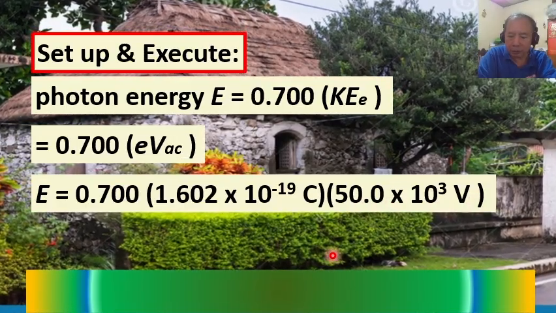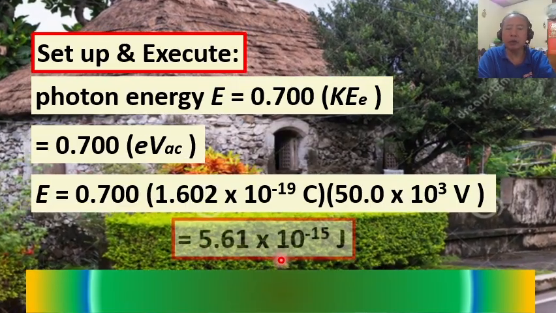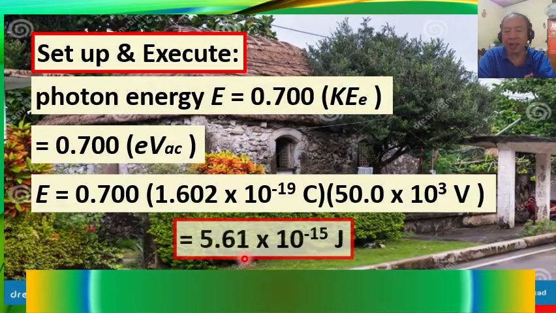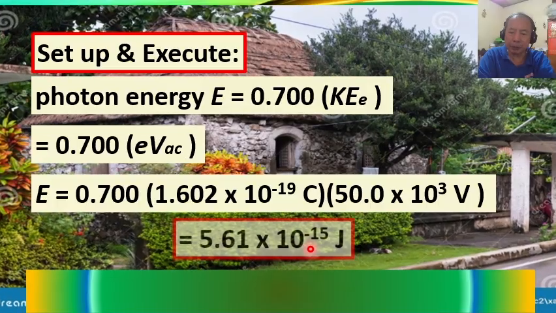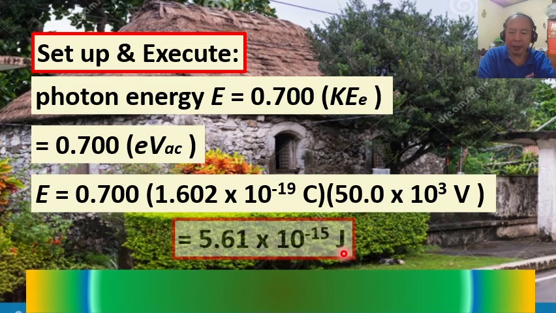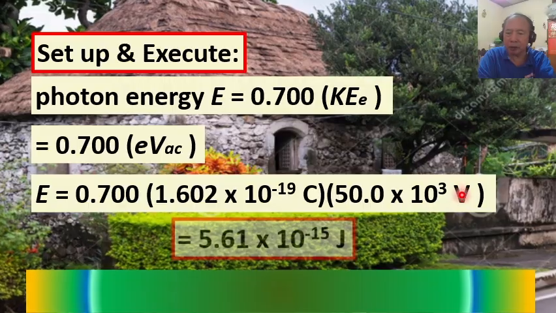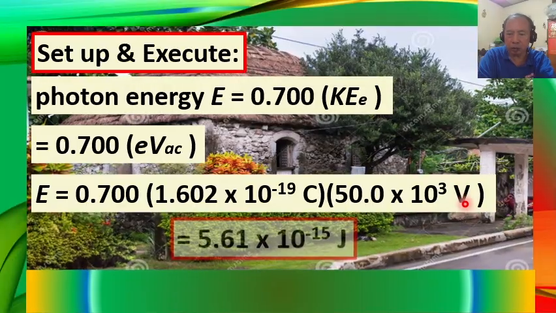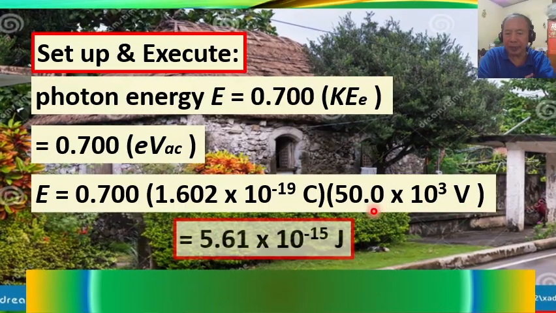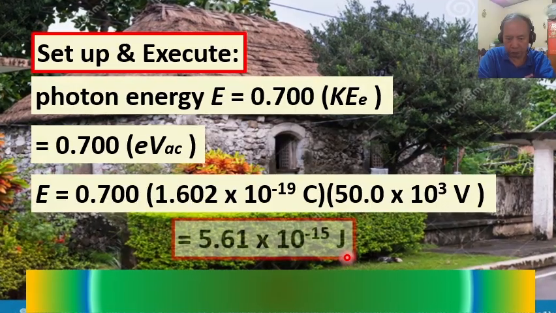So when we do our math, all right, we find the amount of the photon energy, capital E, equal to 5.61 times 10 raised to the negative 15 joules. Our unit for energy here is joules because we know that volt is also the same as joule per coulomb, right? So the unit coulomb cancels out. Hence, our final unit is joule.